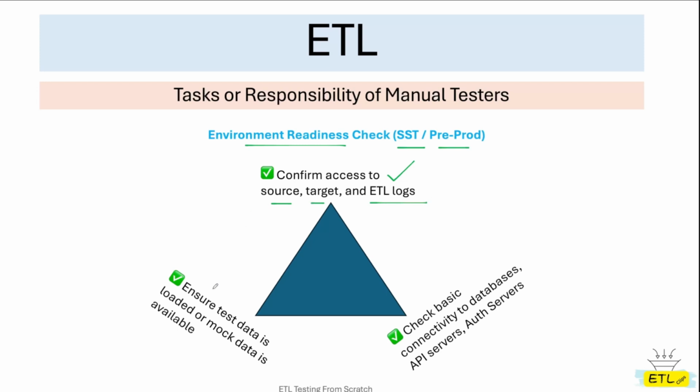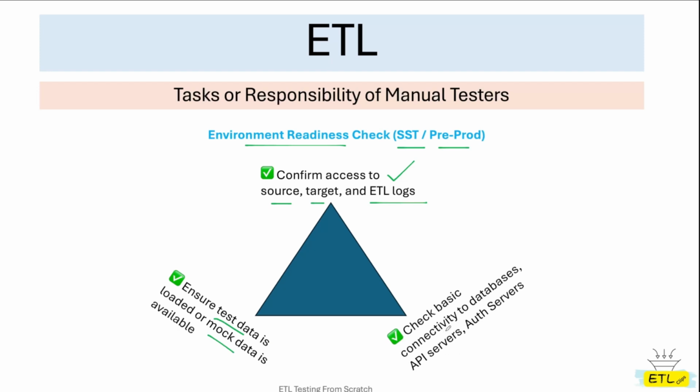And ensure test data is loaded or mock data is available before you start testing the data pipeline. Make sure you have made the test data as well as the mock data ready. Mock data is used for boundary condition mocking or other data mocking or simply API mocking.